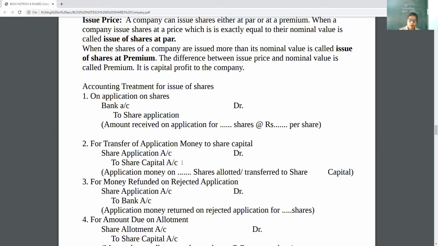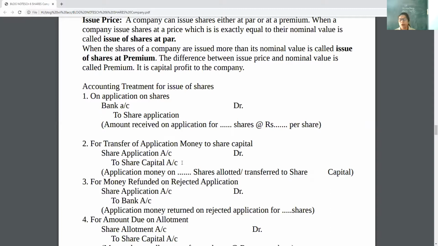Because application, allotment, first call, second call, all are parts of share capital. The total value of shares is known as share capital, and the company can take it in 3 or 4 parts.